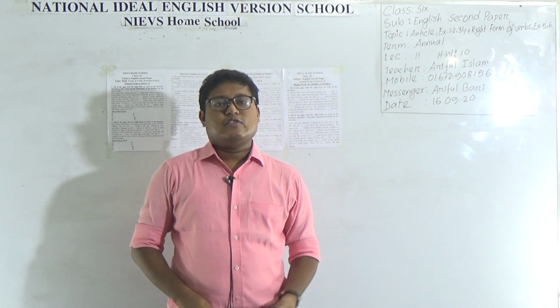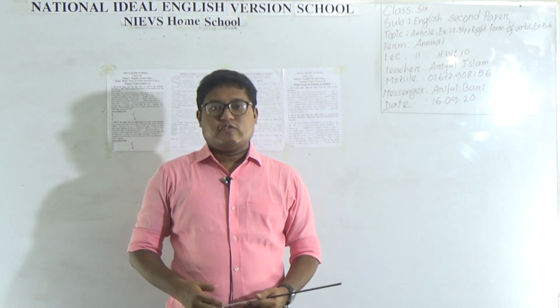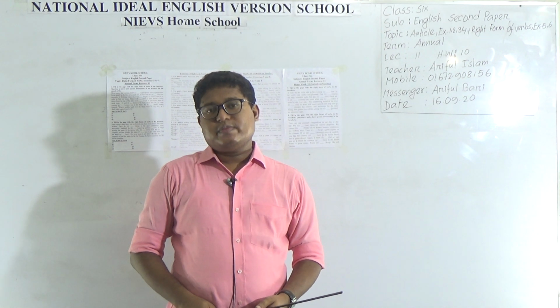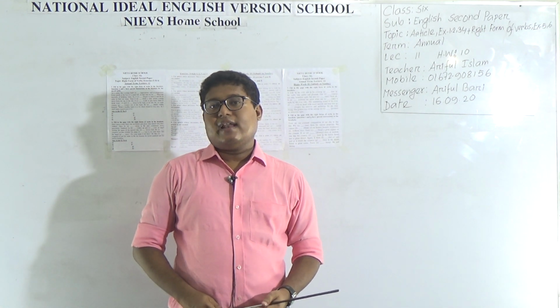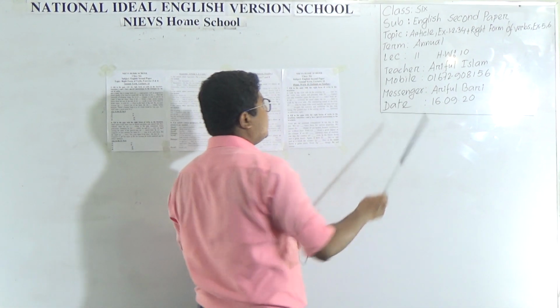Shift. Today I am going to take an English second paper class for class 6 students. Our today's topic: right form of verbs, exercise 5, 6, and article, exercise 1, 2, 3, and 4. So let's see our today's class.